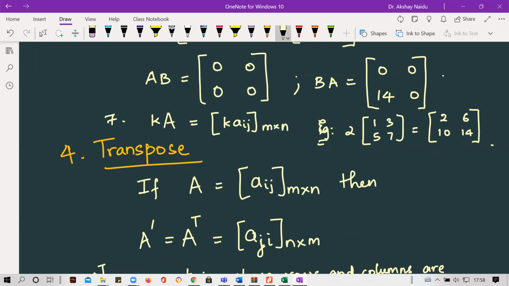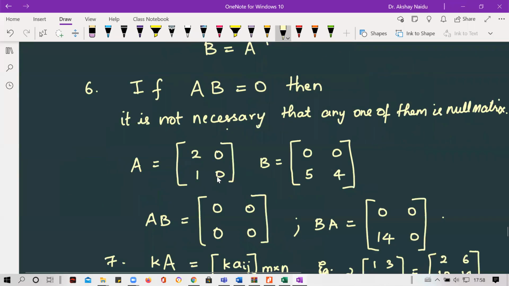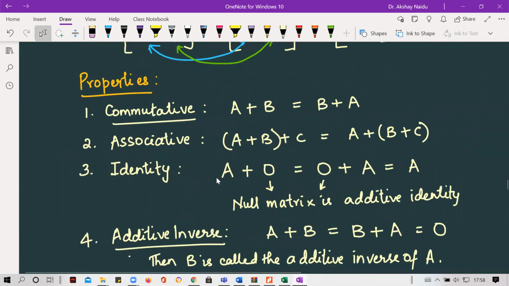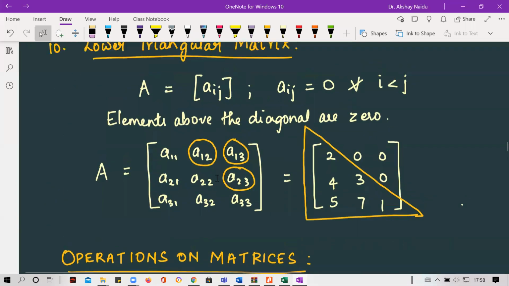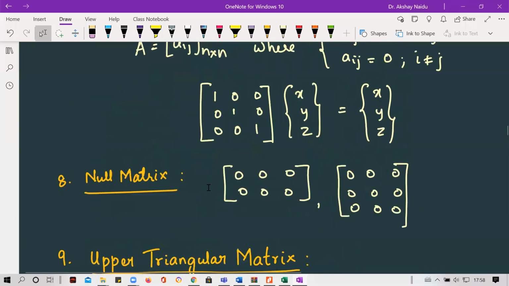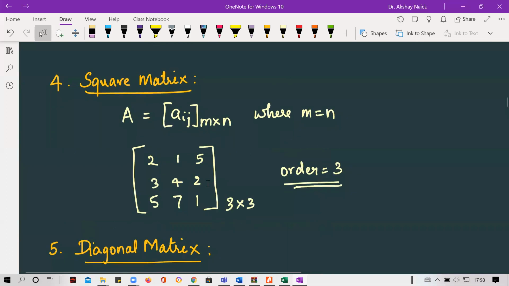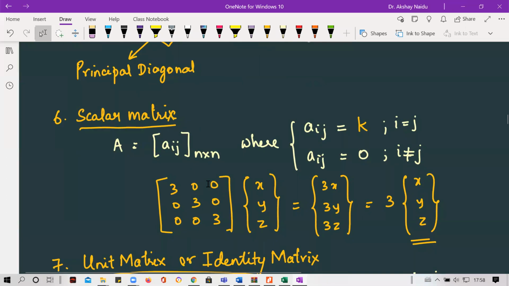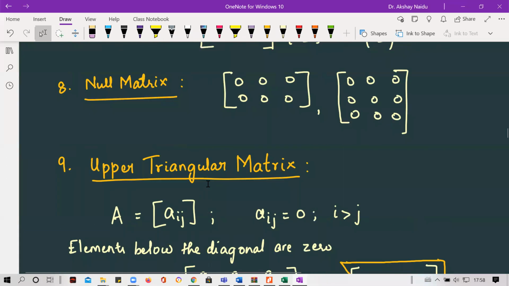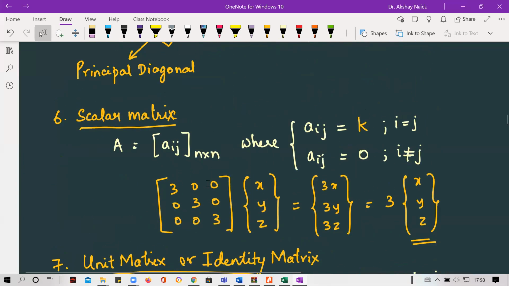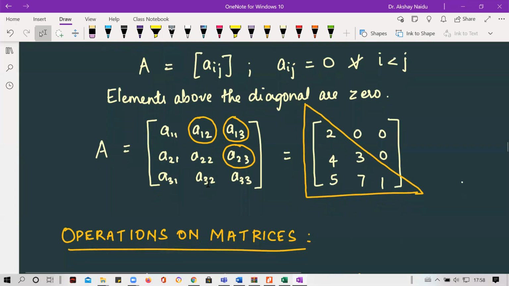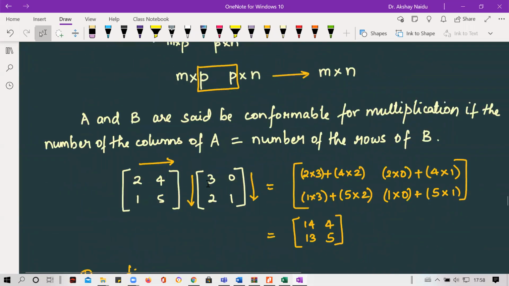So today, what we discussed is the very basics of matrices. We discussed the basic definitions, the types of matrices based on the structure. We discussed 3 properties: addition, multiplication, and transpose.